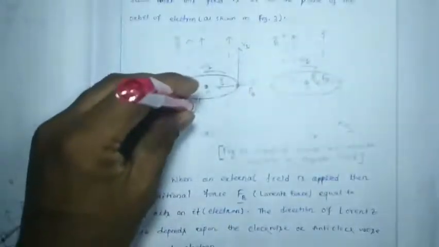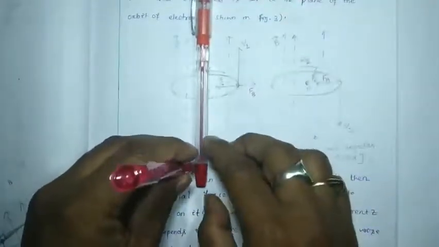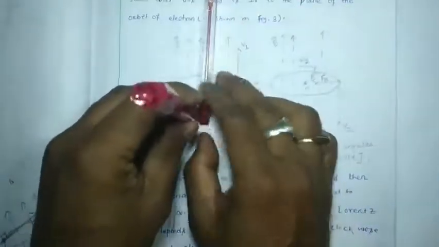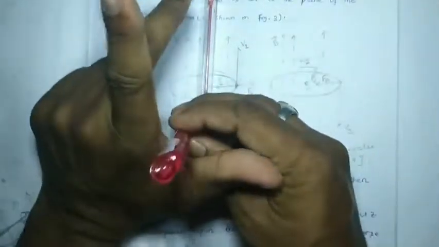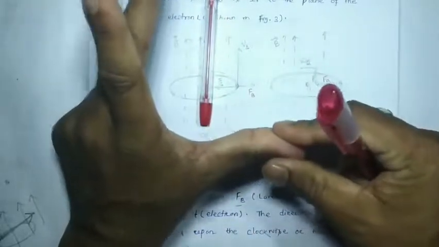This B is this direction, and the velocity is along this direction. Now if the magnetic field is along this direction and velocity is along this direction, then the force will act on the charged particle towards this direction, that is the so-called magnetic force.